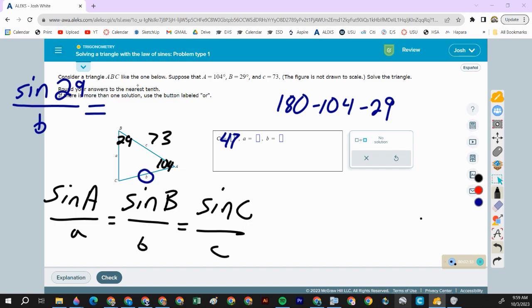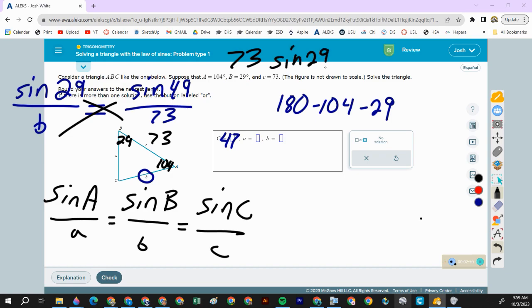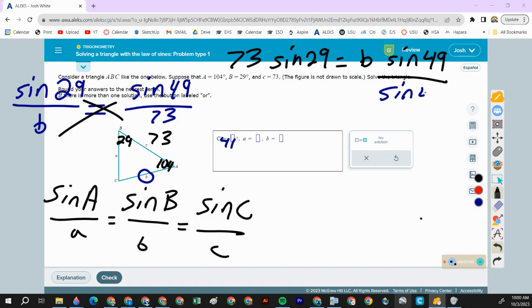So now I can do the sine of 47 over 73. Cross multiply. 73 sine of 29 is equal to B sine of 49. Does that make sense? Now I want to get the B by itself, so we divide by the sine of 49.